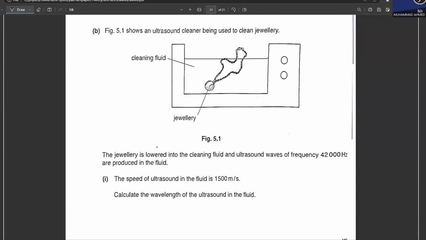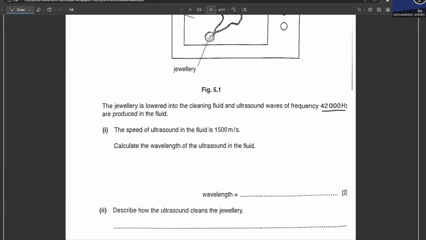Figure 5.1 shows an ultrasound cleaner being used to clean jewelry. The jewelry is lowered into the cleaning fluid, and ultrasound waves of 42,000 hertz are produced in the fluid. The speed of ultrasound is given. You are given the frequency, you are given the speed, you have to calculate lambda. v = f lambda. v is 1500, frequency is 42,000.